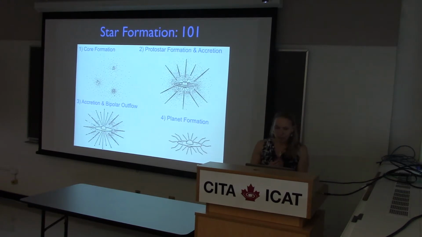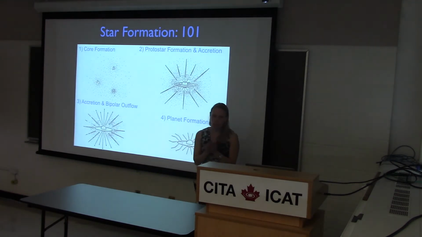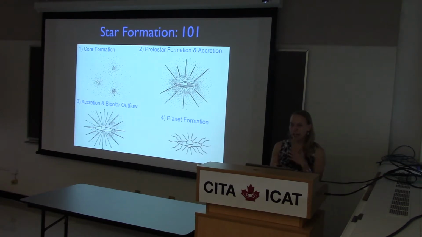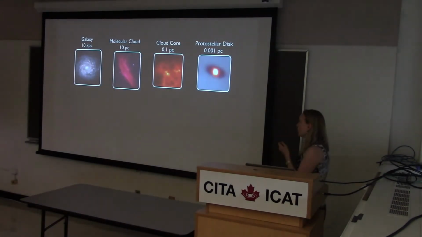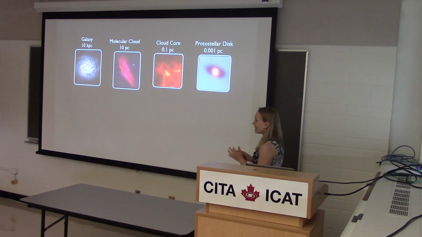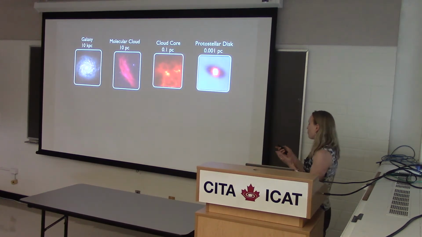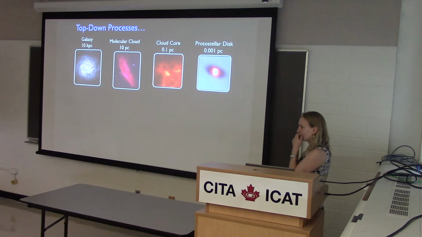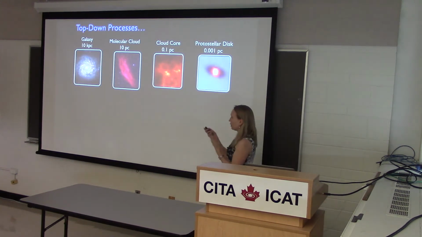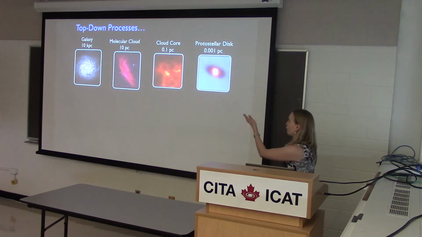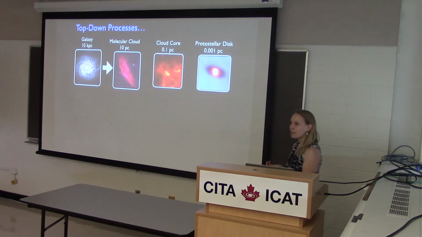But over the last decade, we've revised our picture of star formation to be one that's much more comprehensive, and spans a broad range of scales. We've realized that star formation is connected across a broad range of scales by a number of important top-down processes. Molecular clouds inherit their metallicity and turbulence from their global galactic environment.